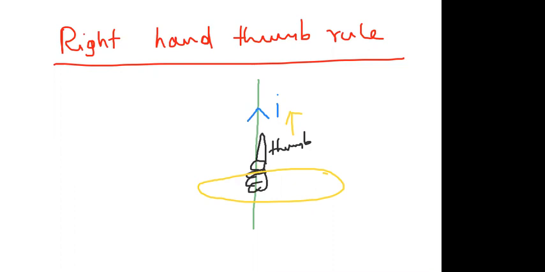With that information, now we will check the different situations: how to find the current and magnetic field relations for directions. Let us start the first one.